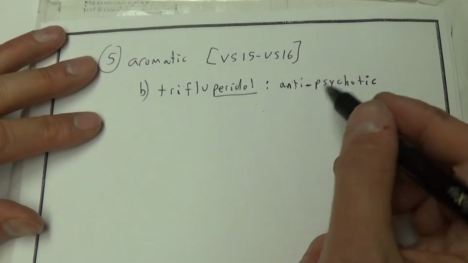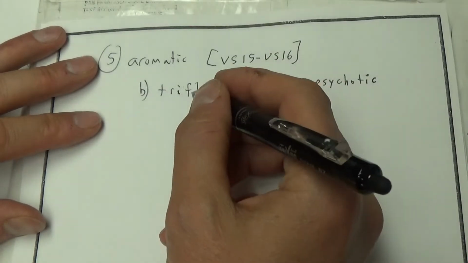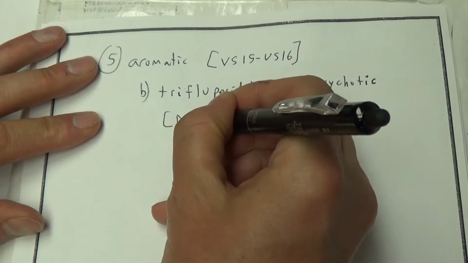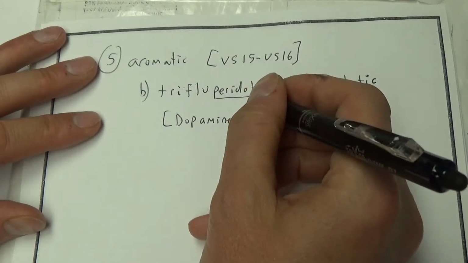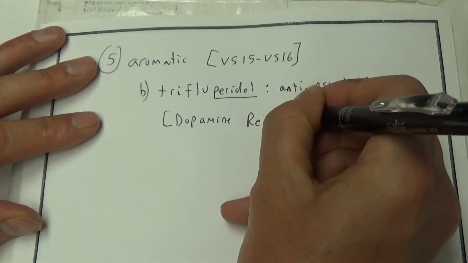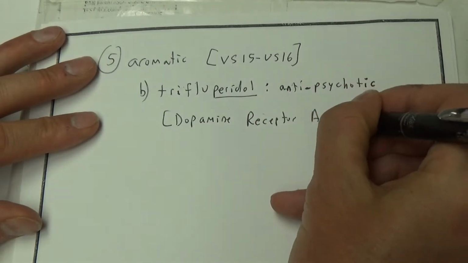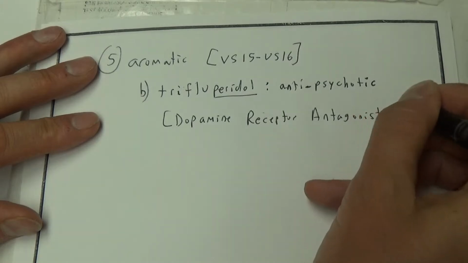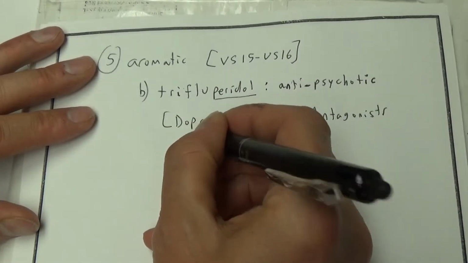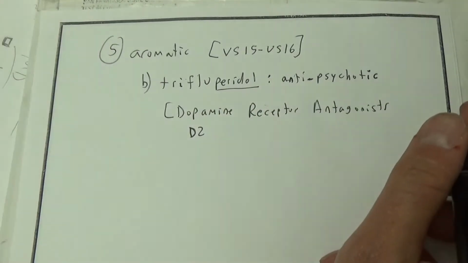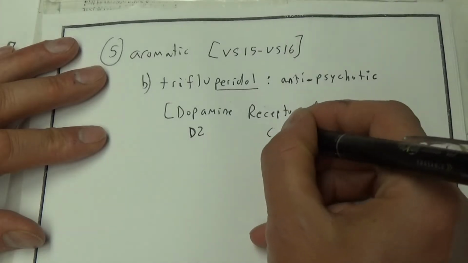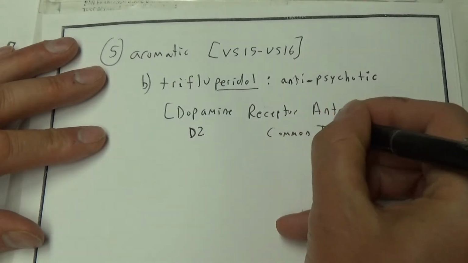A lot of the antipsychotic drugs are dopamine receptor antagonists. I think it's a specific subtype of dopamine receptors. D2, I think, is one of the types of dopamine receptors, and it's a common target for antipsychotic drugs.